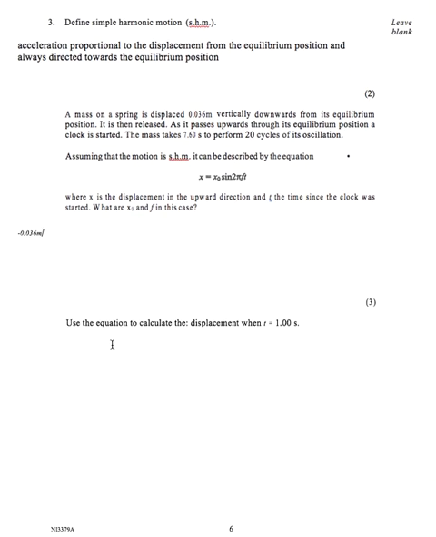Use the equation to calculate the displacement when t equals 1 second. Well, we're going to start with our equation and fill in the numbers nice and carefully. So we have x equals x naught sine 2 pi f t.